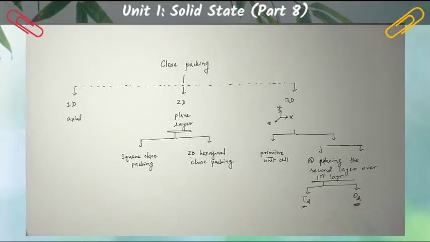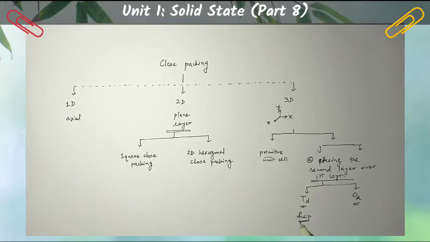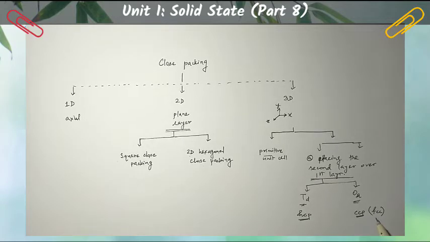So we have two types of 3D packing. The first one will give you the HCP, that means hexagonal close packing structure. And the second one, when we cover the octahedral void, will give you CCP, that means cubic close packing, or you can say FCC, that means face centered cubic packing. Face centered cubic lattice, actually cubic unit cell.